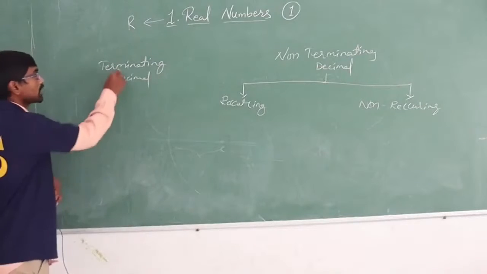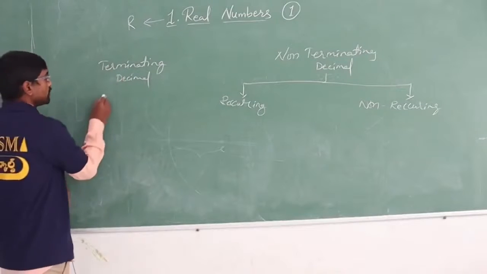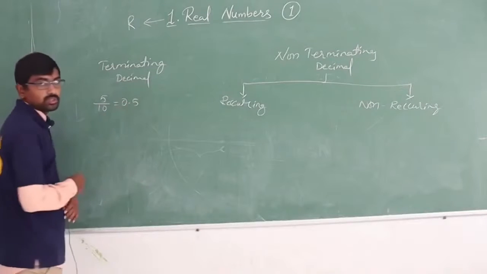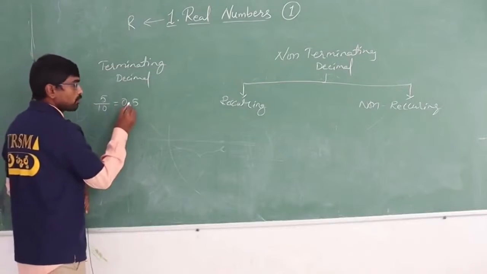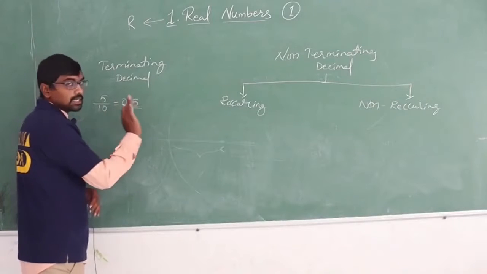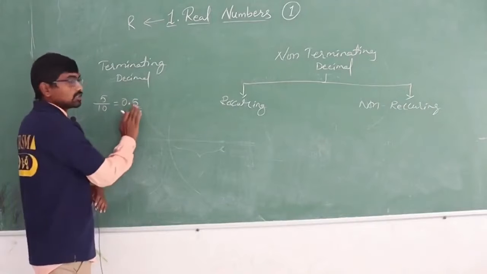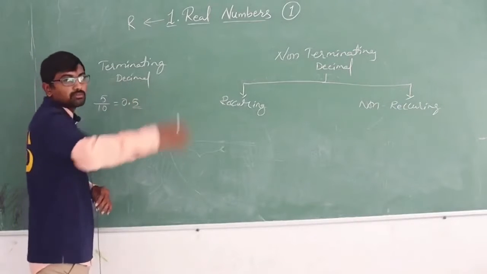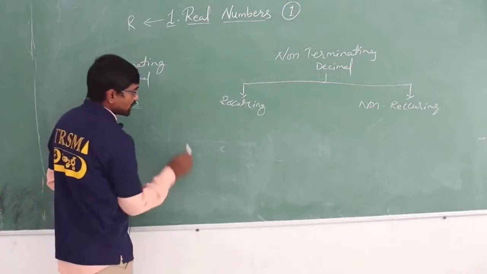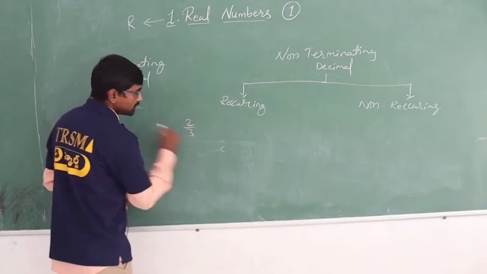Now coming to the terminating form, just now I converted 5 by 10 into 0.5. Here, after the decimal point, it is terminating; it stops here and won't continue.